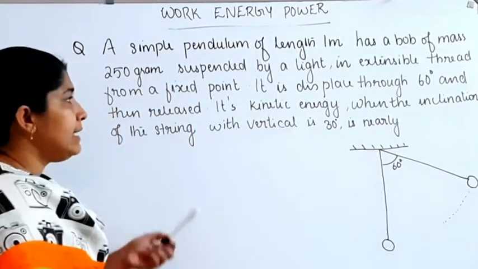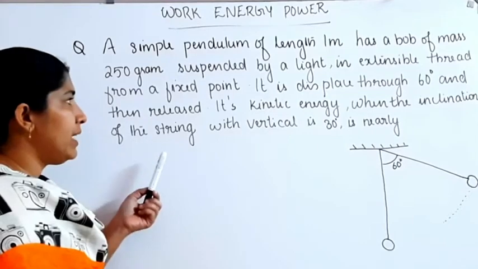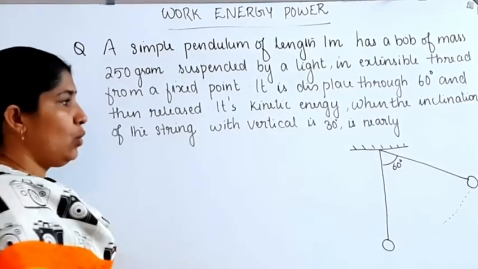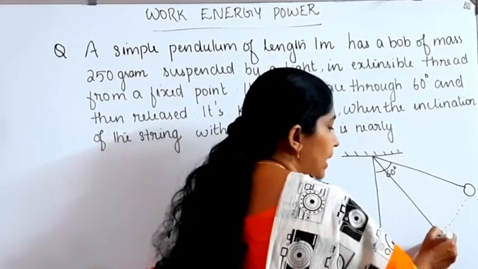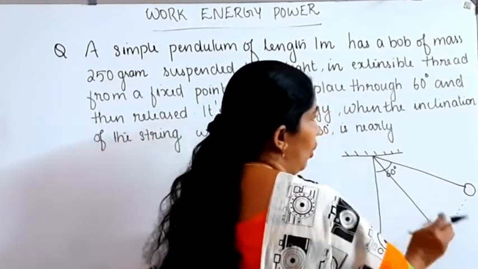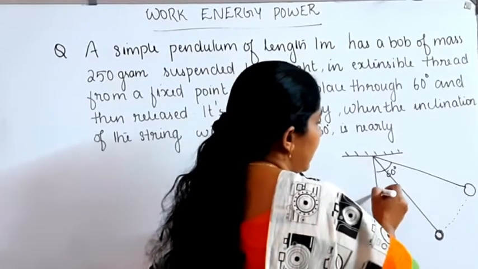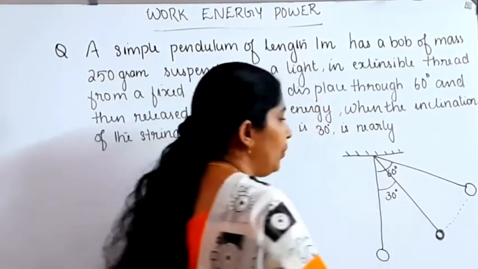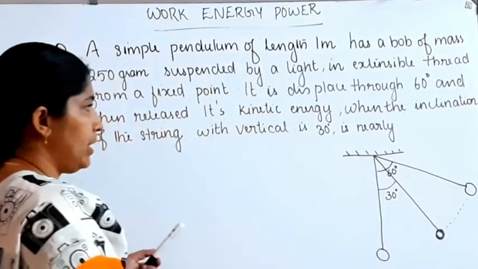Its kinetic energy when the inclination of the string with the vertical is 30° is? We want to find out the kinetic energy of the bob when it is inclined at an angle 30° with the vertical. This is our question.